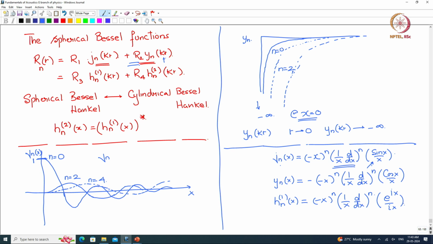So, this is the Hankel function of the first kind. Just to see what these are, J0 of x looks like sine x over x.